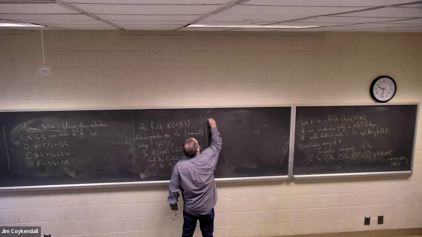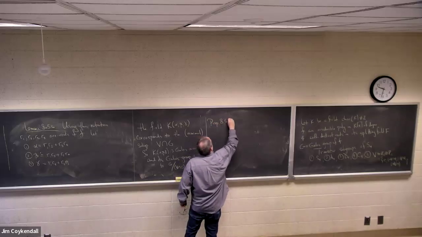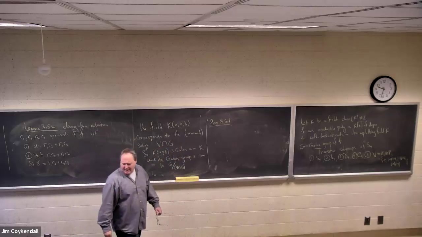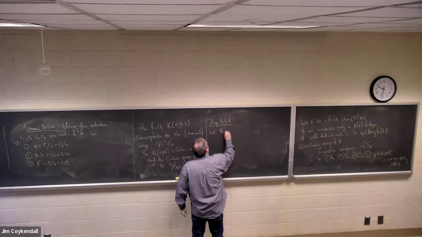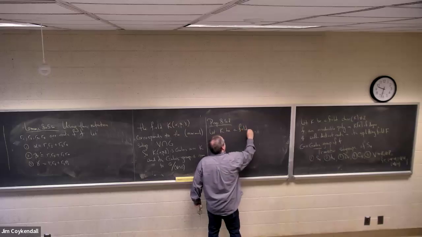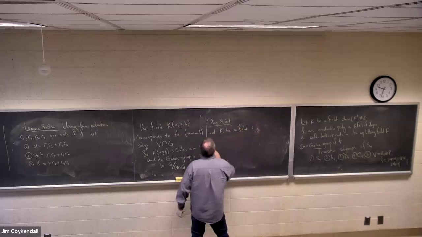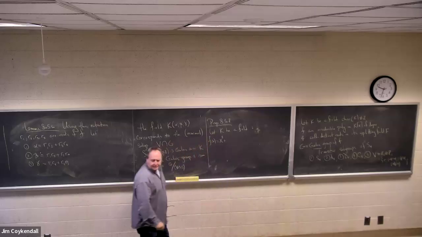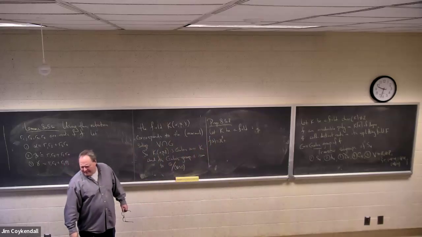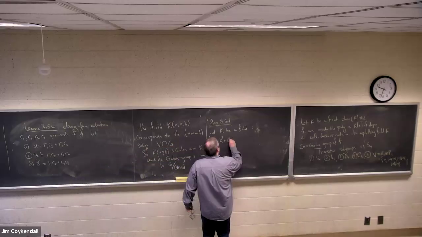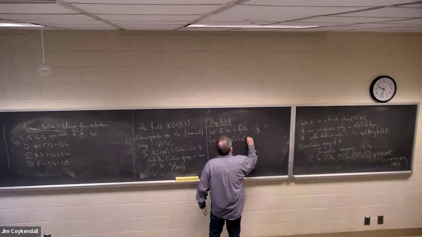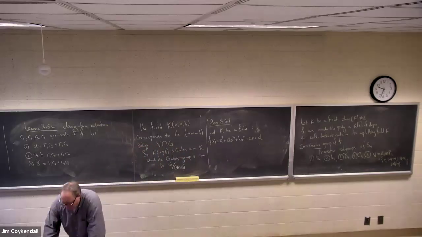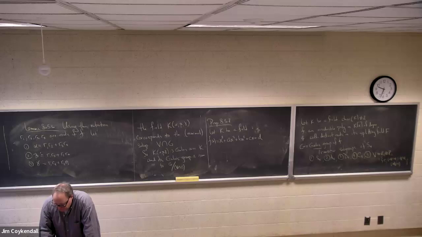Proposition 8.5.6. Let K be a field and suppose that we have this polynomial here, x to the fourth plus a x cubed plus b x squared plus c x plus d. Just any polynomial, I guess.